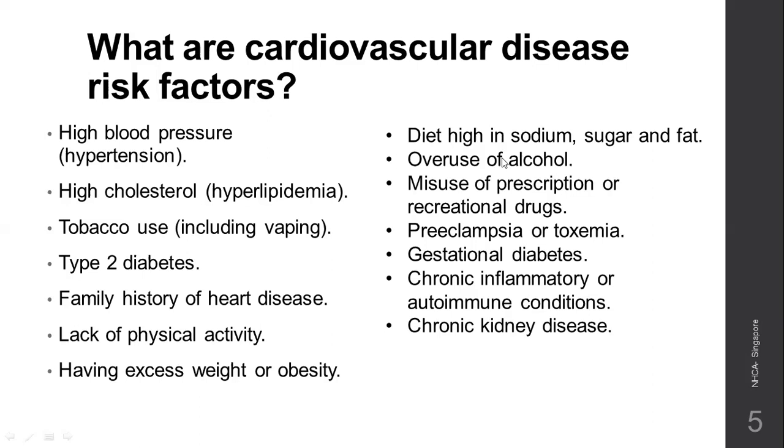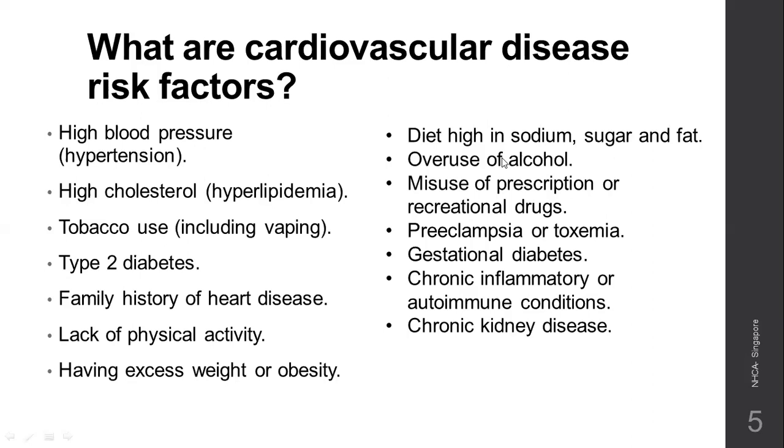Preeclampsia, or toxemia. Another name for preeclampsia is toxemia. Preeclampsia happens during pregnancy in women. If you attended yesterday's class, we discussed preeclampsia. There will be swelling all over the body, edema, protein in the urine, and high blood pressure.